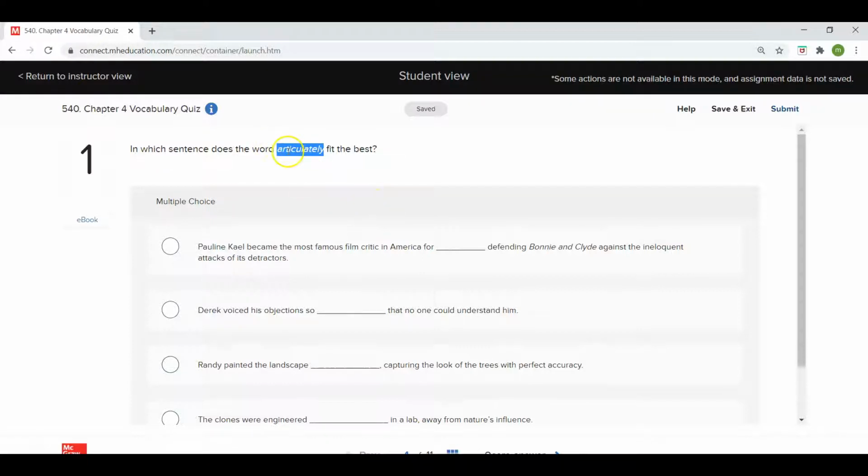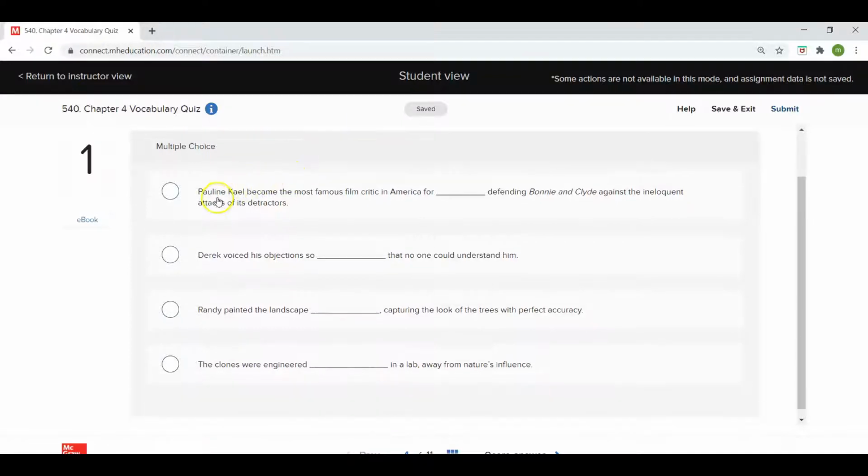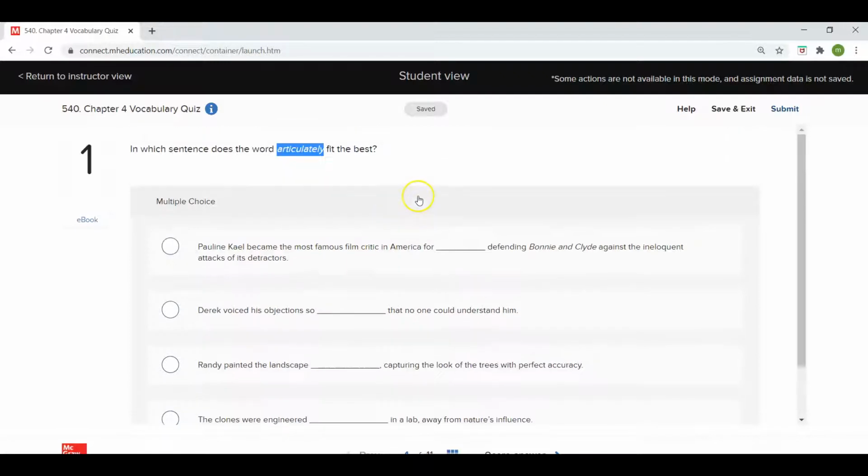In which sentence does this word fit the best? Okay. So Pauline Kael or something became the most famous film critic in America for articulately defining Bonnie and Clyde against the ineloquent attacks of its detractors. So what I'm thinking here is defending. No, there it is, defending. Okay. It does say defending, but what kind of defense was it?